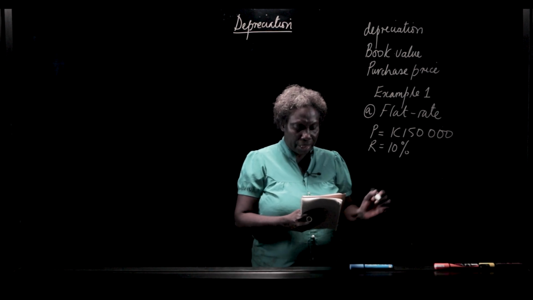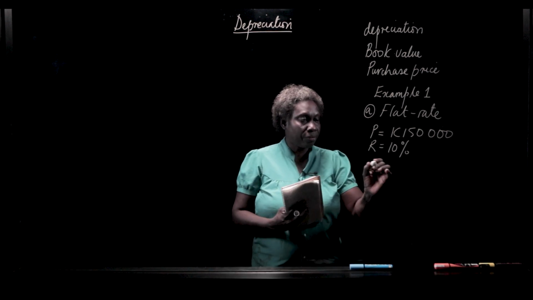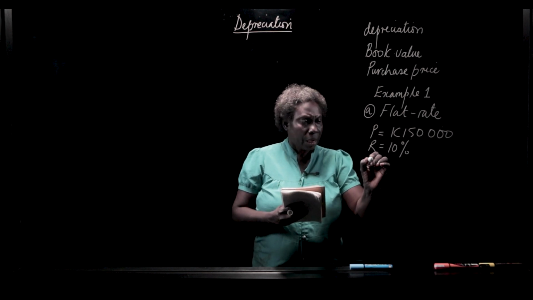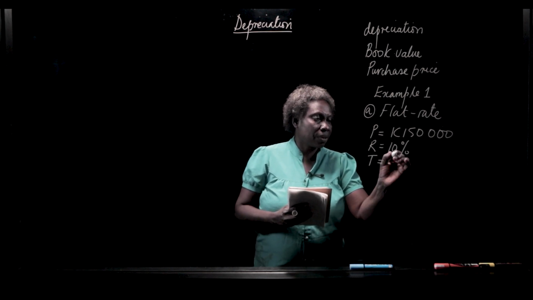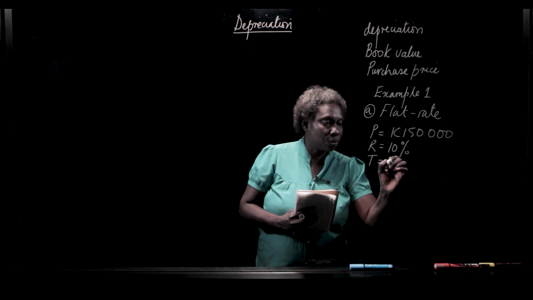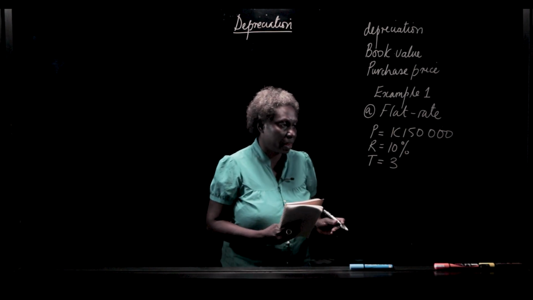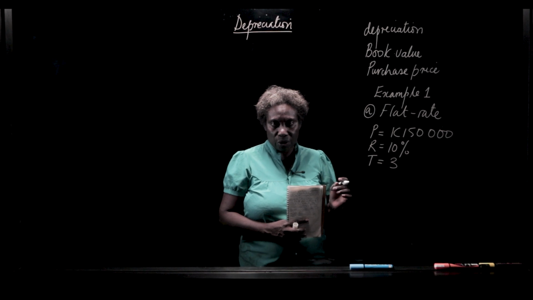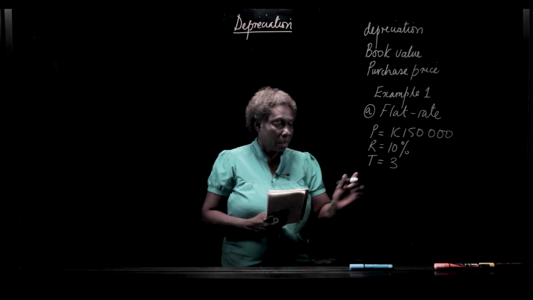We want to find the value of the bus after 3 years, which we call the book value. After 3 years, we want to find out what the value of the bus will be.